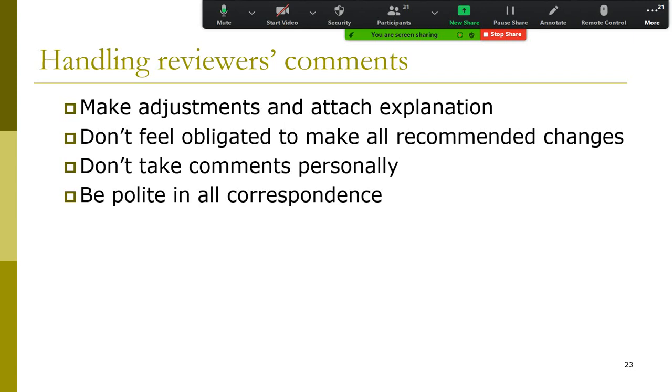Actually, the editor, the editorial team, and the reviewers are helping you to make your article better, and in this way you can improve your article before publication. You must be polite in all your correspondence. First of all, you should say thanks to the reviewers and thanks to the editor, and then you can revise your arguments or your data in the article.